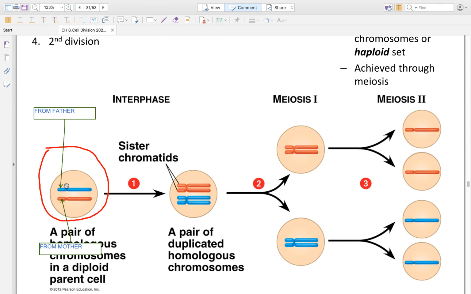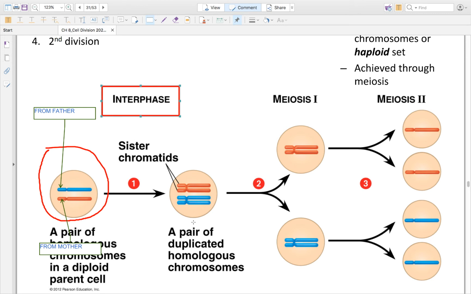Now in this process, interphase is going to happen. Interphase in meiosis is just like the interphase in mitosis, meaning that there's going to be a G1, an S phase, and a G2. So all of the chromosomes are going to get duplicated, and they're also going to get paired.